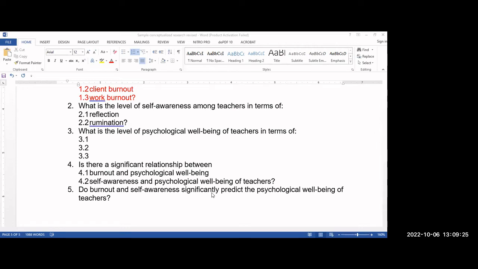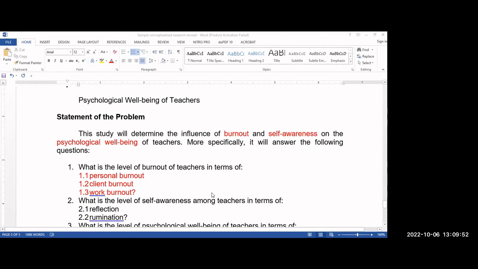Although ruler can measure the height, pero it will have a problem on the precision. Unlike in the tape measure kasi mataas siya, so you can measure directly the height of the person. So that's what I'm saying. So the tool must be valid. It should follow standardization process for validity and reliability.